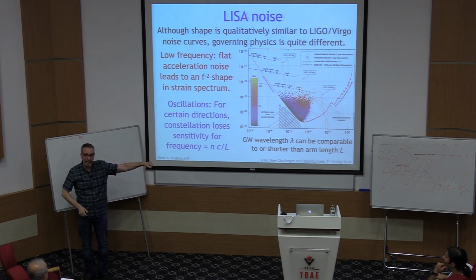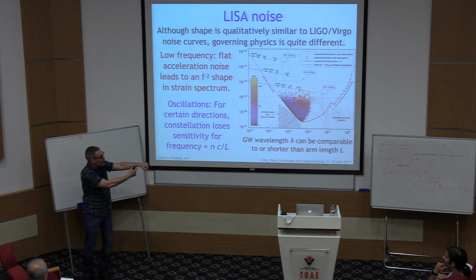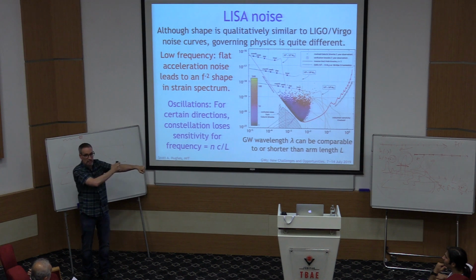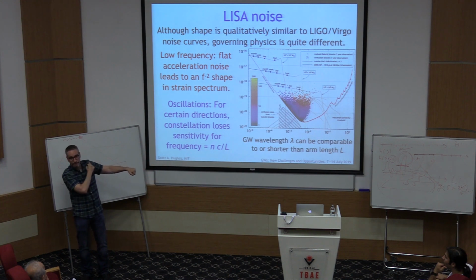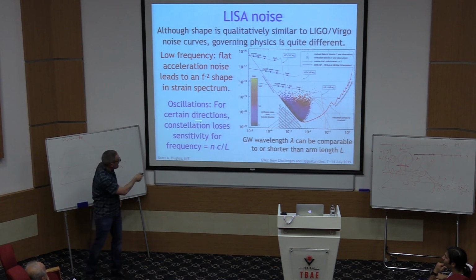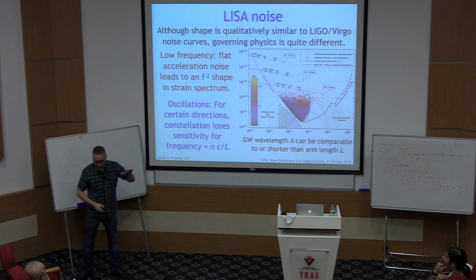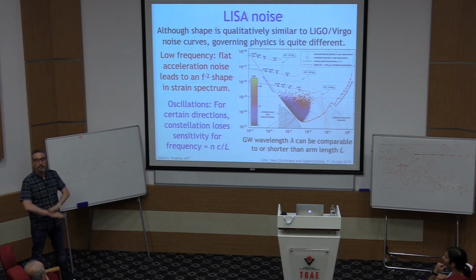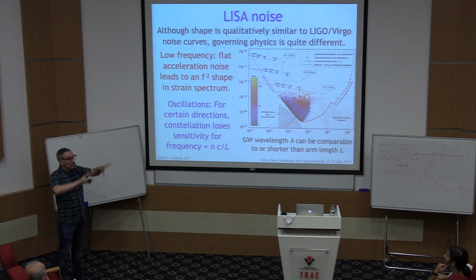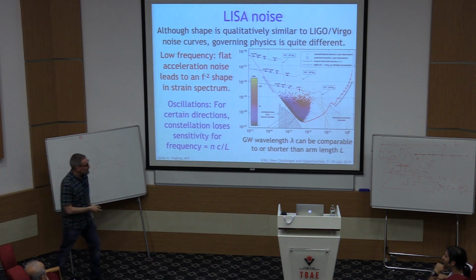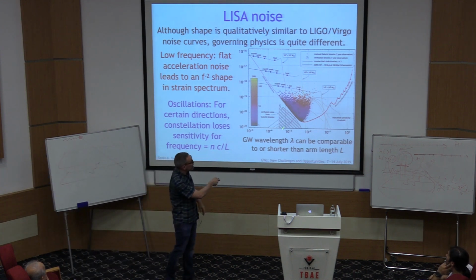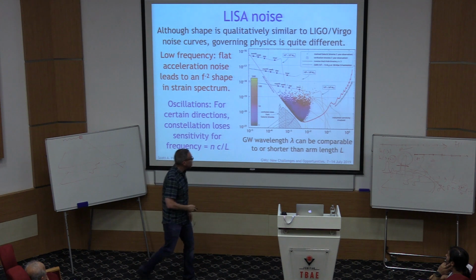What ends up happening is if the light travel time is exactly equal to the period it takes for the gravitational wave to stretch and squeeze this arm, I get half the effect on the one side, and then it cancels out on the other side. Okay? So when you are on this case, for the directions where it lines up perfectly with the detector, you lose sensitivity. Now when you average over all sky directions, you wash that effect out a little bit, but you're left with these residual oscillations.